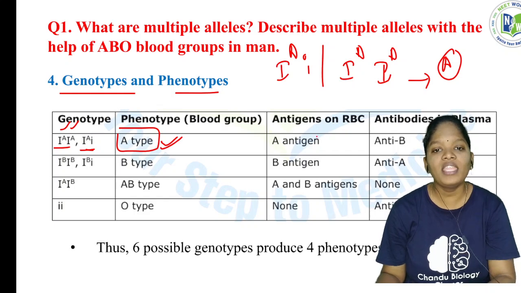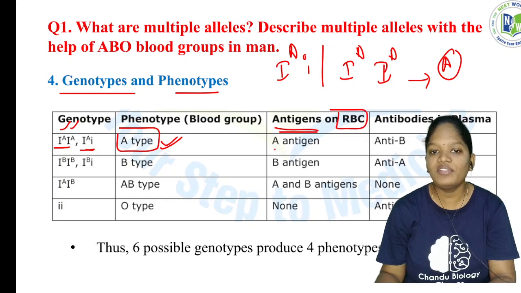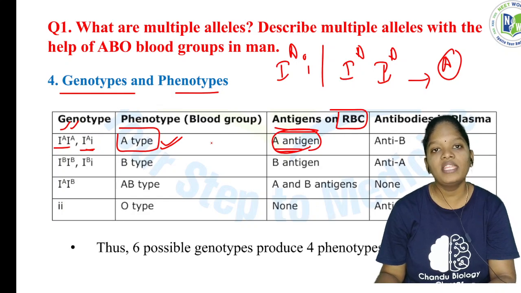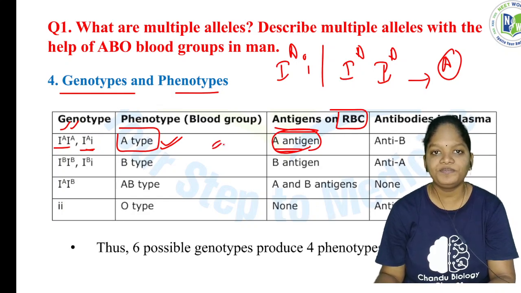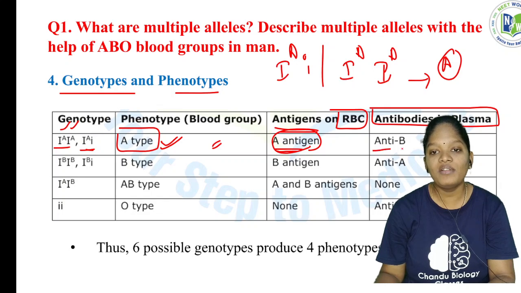If it is an A blood group, what will be the name of the antigen present in the RBC? That will be the A antigen. If the A antigen is present, then that blood group type is the A blood group. Then what will be the antibodies in the plasma? The antibody secreted in the plasma will be the antibody B. So in blood group A, that person has the A antigen and the B antibody.